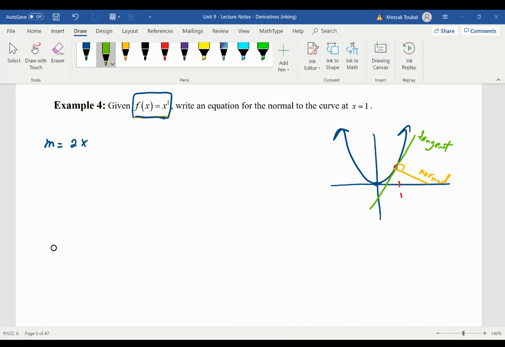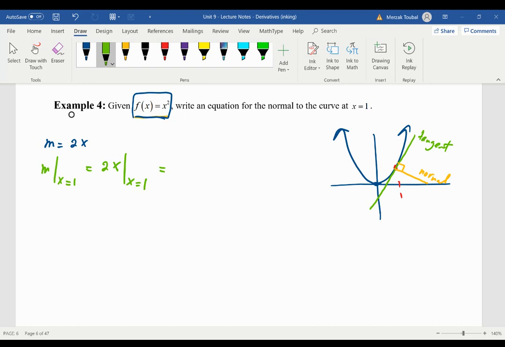Okay. How do I find the slope of the tangent line? Well, the slope of the tangent line at any point will be 2x. And if I want this at x equals 1, I want you to learn this notation. The slope at x equals 1 is 2x at x equals 1.